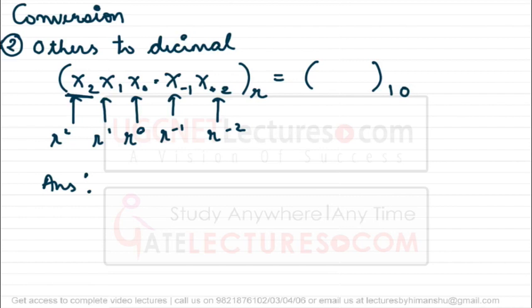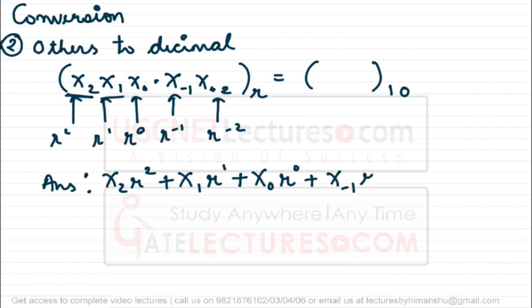The decimal equivalent is x2 into r power 2 plus x1 into r power 1 plus x0 into r power 0 plus x-1 into r power minus 1 plus x-2 into r power minus 2, and so on. This can be written as the summation over i of xi r power i. This is how you convert any number from some different base into a decimal number.